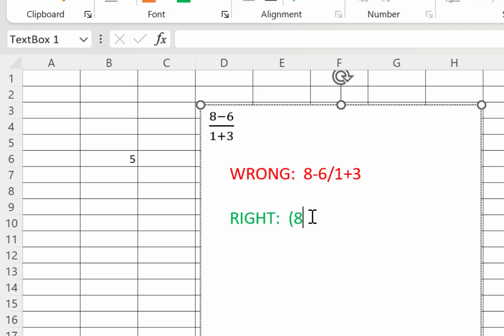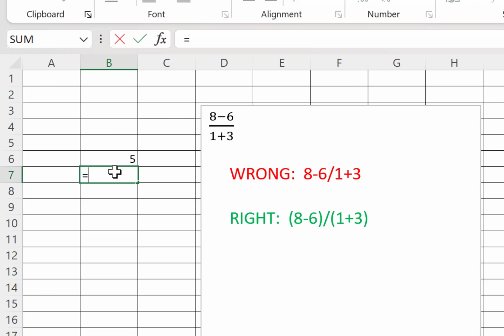So we want it to take this entire value, 8 minus 6, in parentheses, and divide that by the entire value 4, the entire denominator, 1 plus 3, in parentheses. So notice I wrap parentheses around the expression in the top, and I divide that by parentheses around the entire bottom. So then it's going to do 2 divided by 4, and it's going to get an answer of 0.5. It's going to get an answer of 1/2.